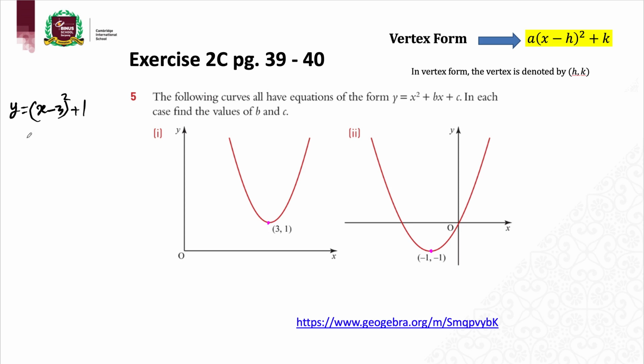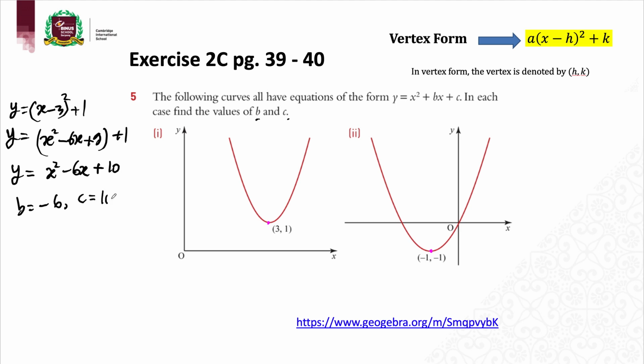And then you just expand the bracket. y equals x squared minus 6x, remember, plus 9 in the bracket, plus 1. Then you will have y equals x squared minus 6x plus 10. That will answer the b and the c, which b equals negative 6 and c equals 10. This is for part I.